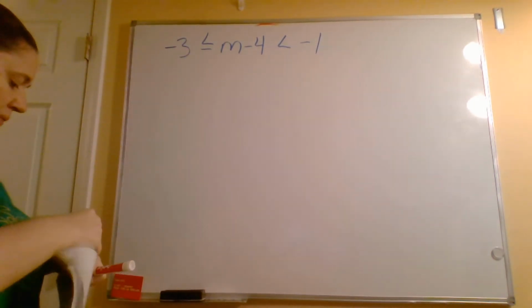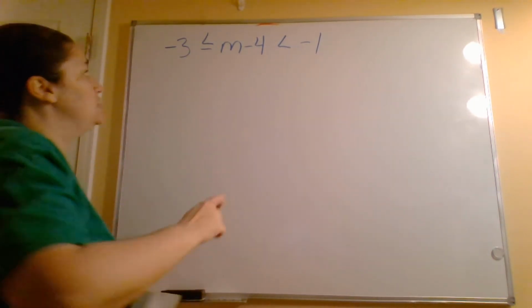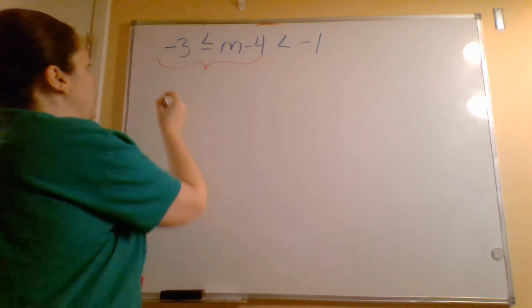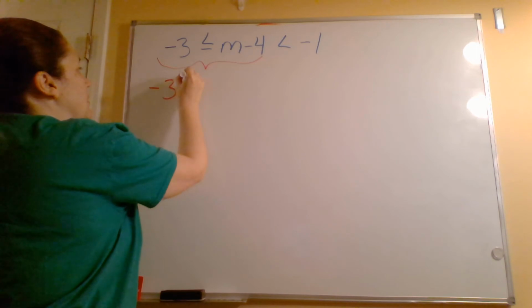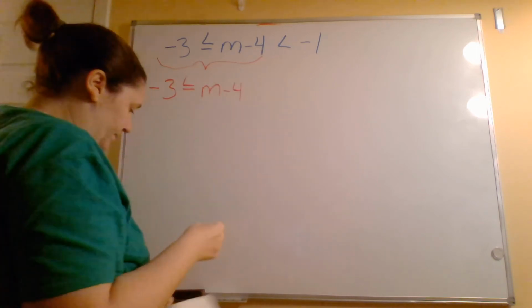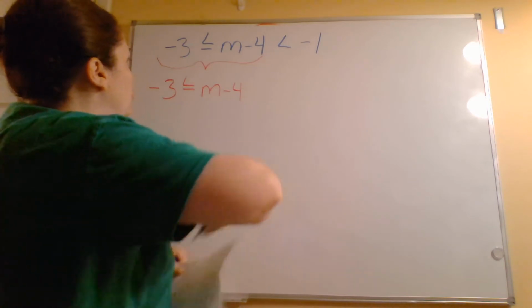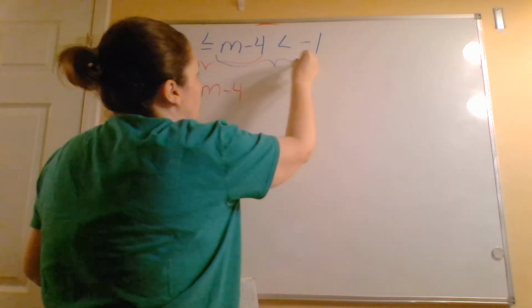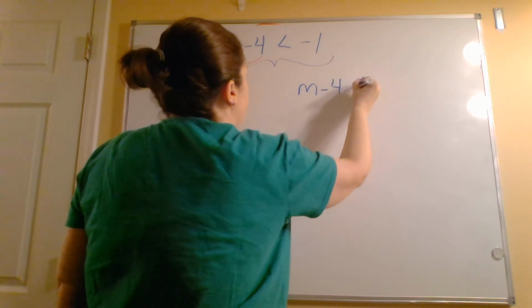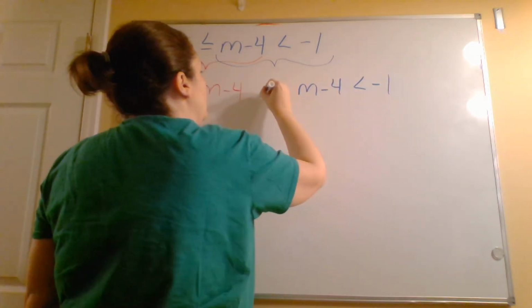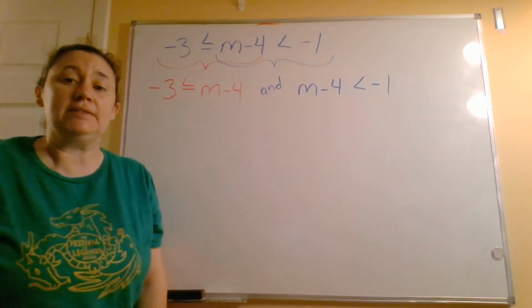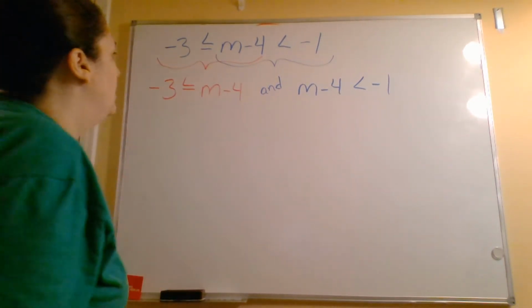To solve this compound inequality, we have to turn this into two problems. We need to do this half of the problem. Negative 3 is less than or equal to m minus 4. Then we have to do this part of the problem. M minus 4 is less than negative 1. And this is one of those and situations. And I did not take off if you mixed up the ands and the ors.